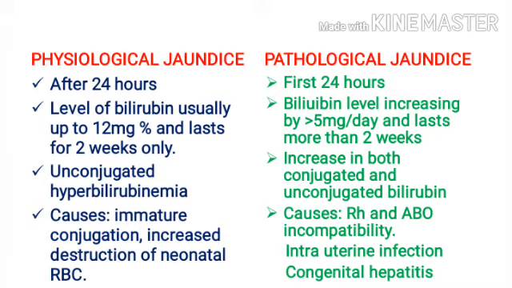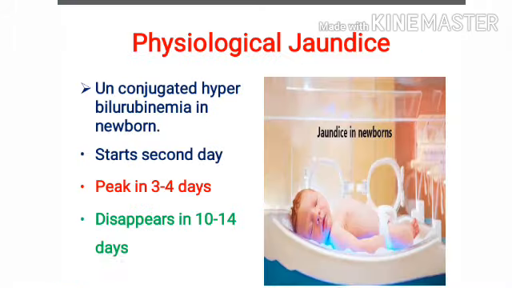So in short, physiological jaundice is unconjugated hyperbilirubinemia in newborn due to immature conjugation and increased destruction of RBC of newborn. It starts second day onwards, disappears within 2 weeks, and peak level reaches in 3 to 4 days.